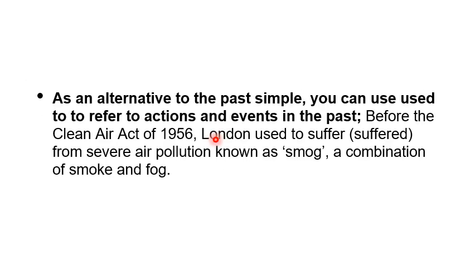As an alternative way to talk about the past, we can use "used to" instead of past simple. In this case, we are talking about events that occurred in the past, and they do not occur at the moment. For example, when I was younger, I used to play football.